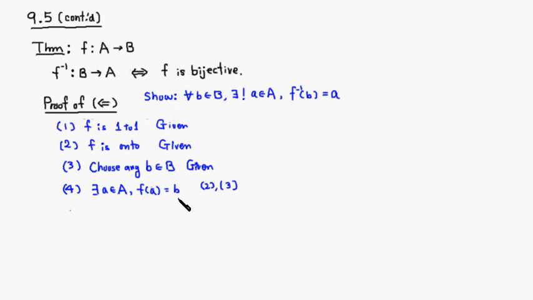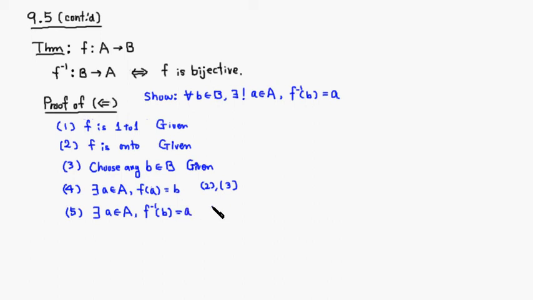We can rewrite this as there exists an element A in A. If F goes from A to B, then F inverse, it's just the inverse relation, goes from B back to A, right?